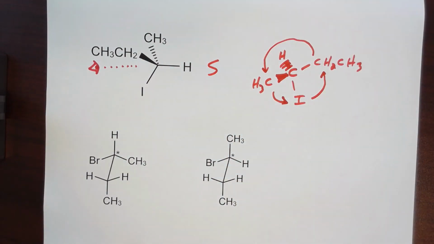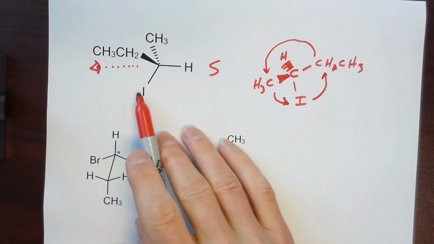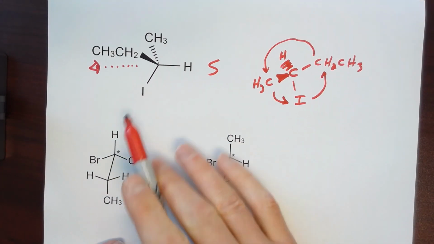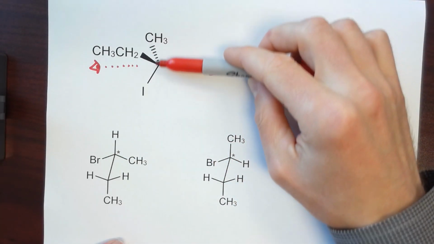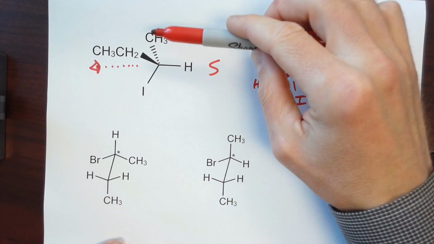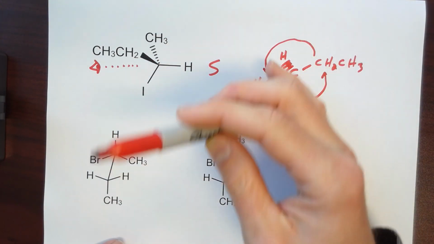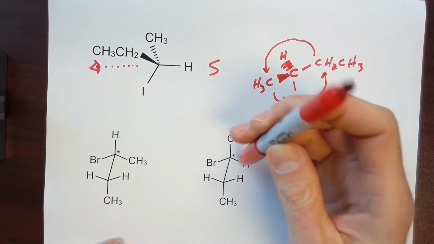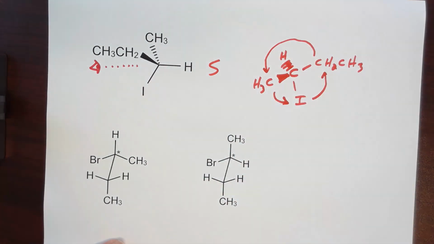And we need to be able to visualize this, not just by redrawing it, but by looking at this molecule. We can see that the rotation would be in this direction right here, coming out, back, up and out, back. And if I keep doing that and I turn it so that I'm looking at it, I see that it's counterclockwise.